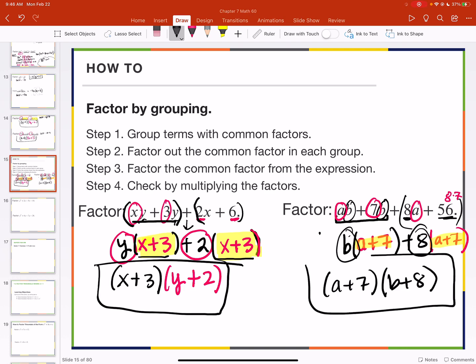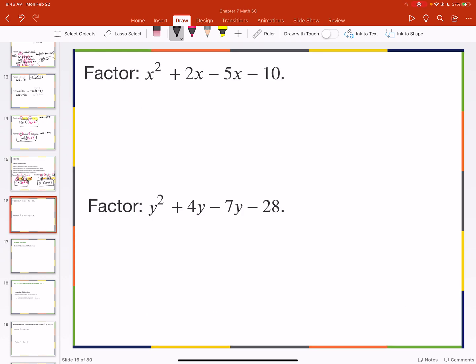Okay. All right, I think I can do a couple more of those so you can see. So here I have x squared plus 2x minus 5x minus 10. So let's go ahead and regroup. I'm going to look at these 2 and ignore this. So my GCF here is x. What's left over? x plus 2. Right? x squared divided by x is x. 2x divided by x is 2.